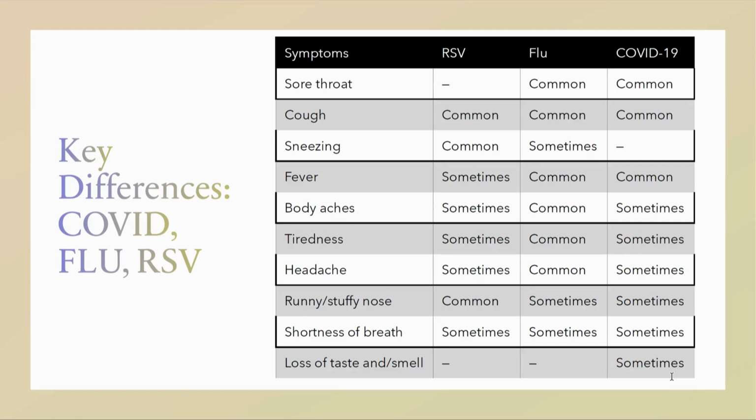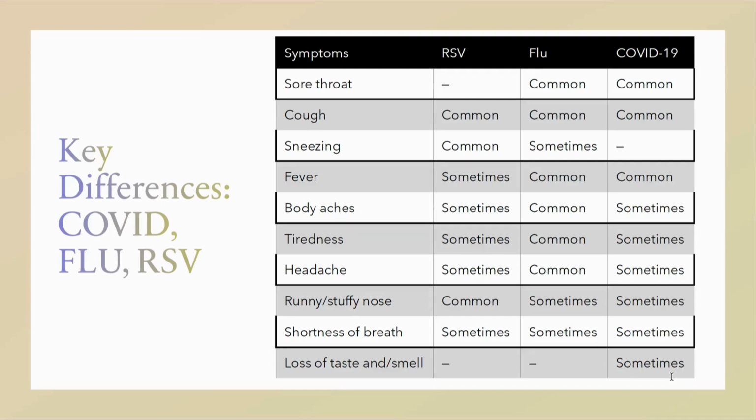Symptomology for RSV is typically cough and sneezing. Sometimes you may get a fever, body ache, tiredness, and headaches, but you'll get a runny nose, stuffy nose, and in some cases a little bit of shortness of breath. Loss of taste and appetite is definitely not associated with RSV at all.